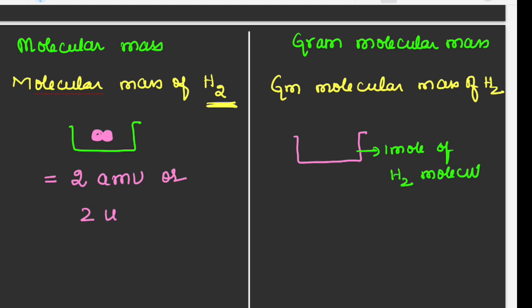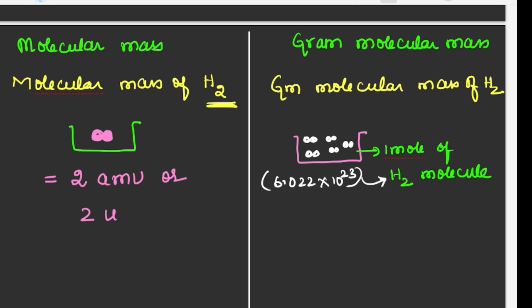Inside this you can see, this is 1 molecule, this is 2nd molecule, this is 3rd molecule, this is 4th, this is 5th. Like this, how many molecules will be there? 6.022 into 10 to the power of 23 hydrogen molecules will be present.